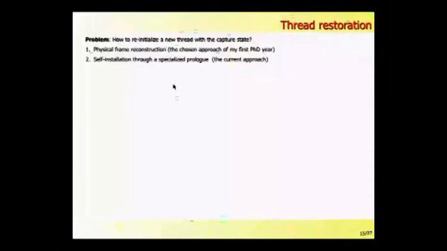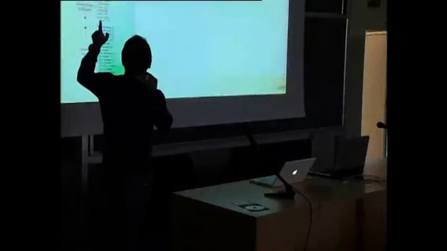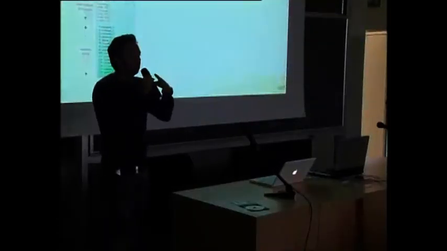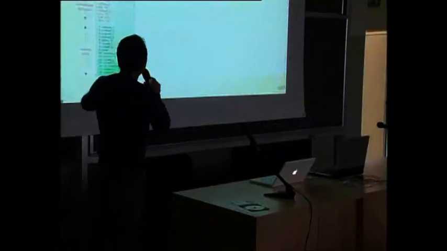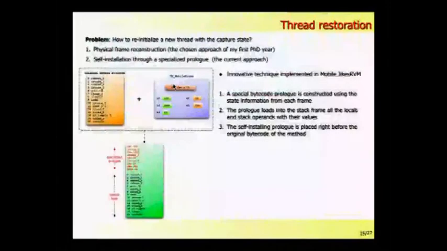The second approach, the current approach, is self-installation of a specialized prolog, which means that given a frame, the state of the method, and given the bytecode of the method, we can merge these two pieces of information into a new bytecode with a prolog and a normal bytecode.